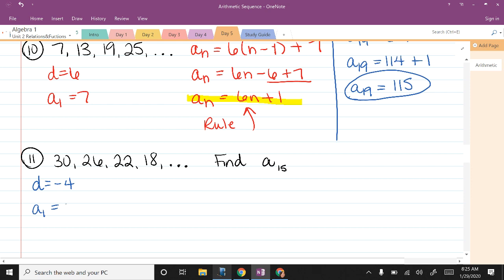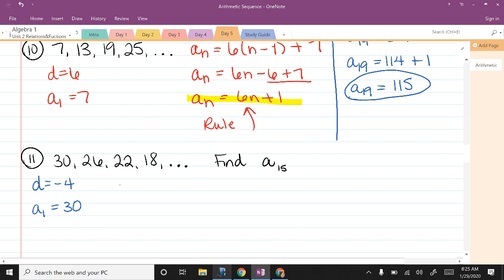The first term, which is 30. Now with me? That's the only 2 things I need to start with, plus knowing the formula. Okay, so to find my rule, I'm going to plug in D right here and A1 right here and then simplify. Does that make sense? D right here and A1 here and then simplify.